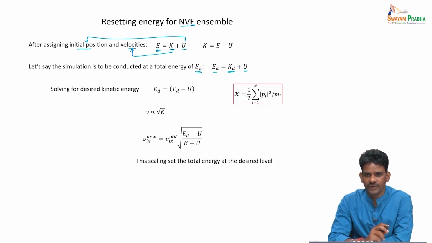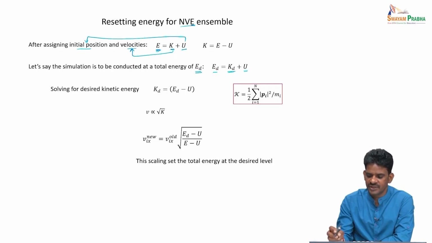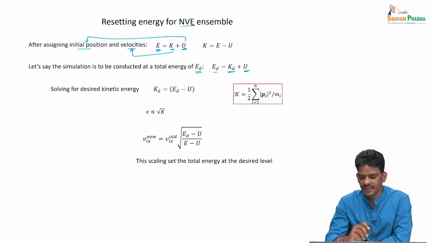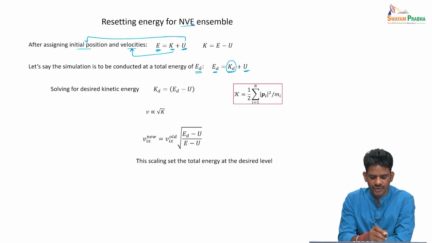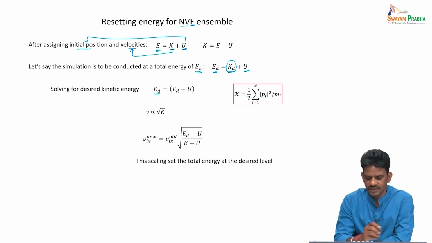Now, we do not want to change the initial positions, so that the potential energy remains the same, but we can scale the temperature in such a way that Kd can be adjusted, so that the total energy becomes equal to Ed. So, in order to do that, we solve for the required kinetic energy as the desired total energy minus the potential energy. I am talking about all that at time t equal to 0.